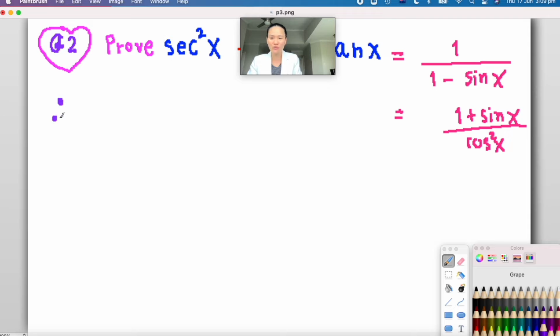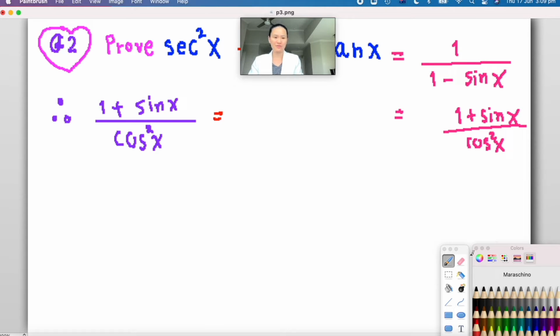I'm going to prove that 1 plus sine x divided by cos x squared equals this one, huh? Oops.